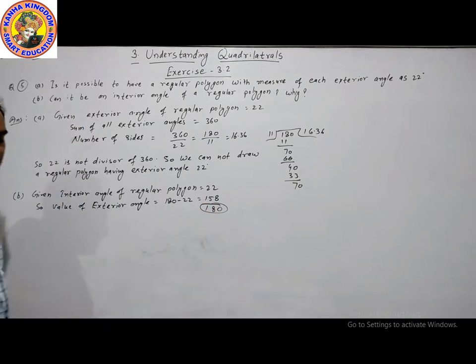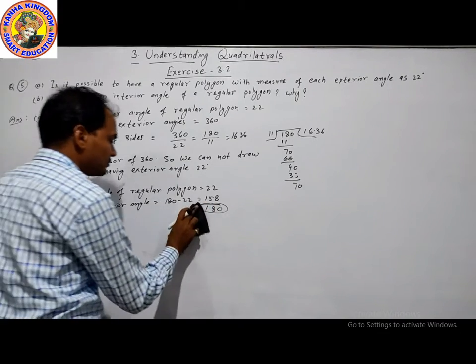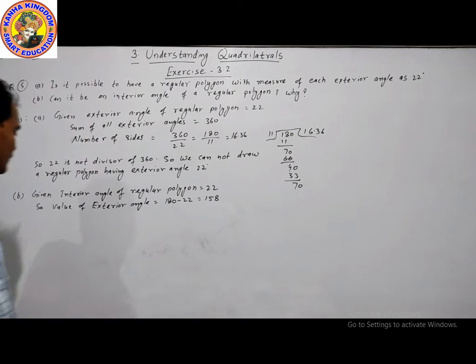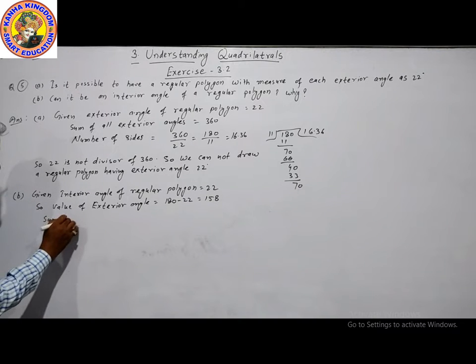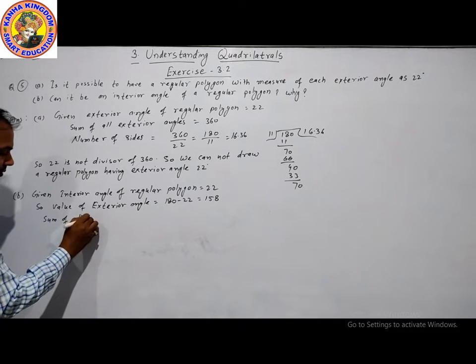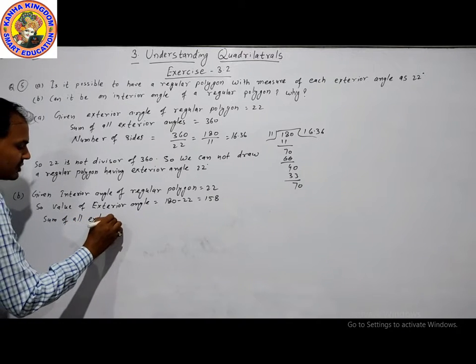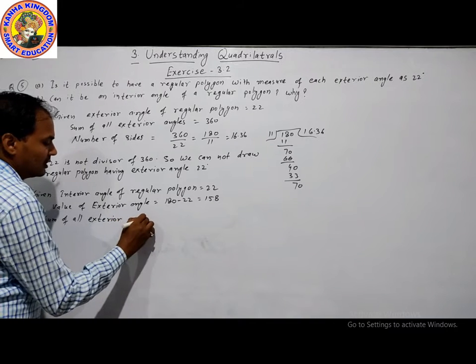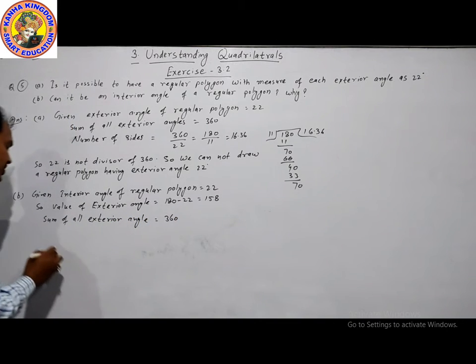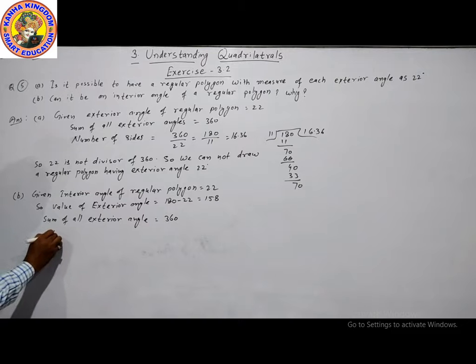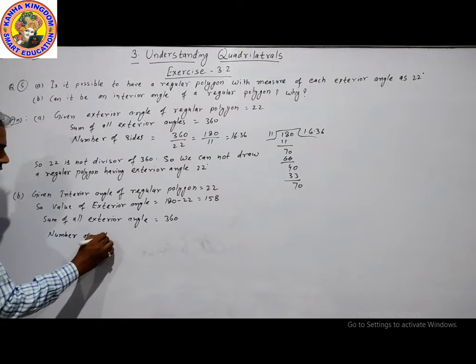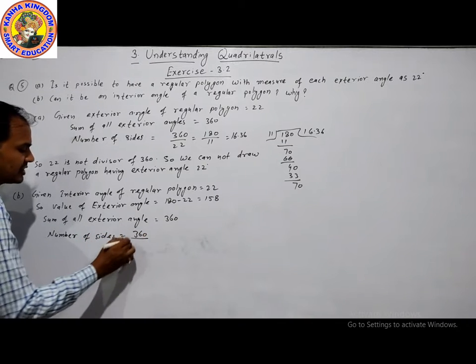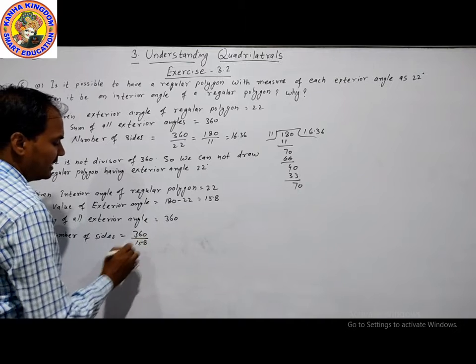So these are linear pair angles. Now the value of the exterior angle is 158. The sum of all exterior angles is 360 degrees. So the number of sides is 360 upon 158.